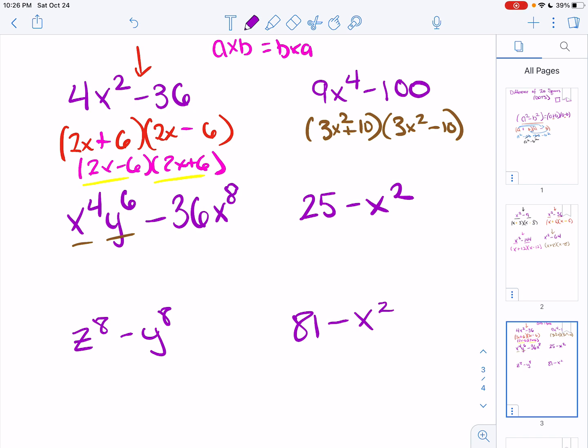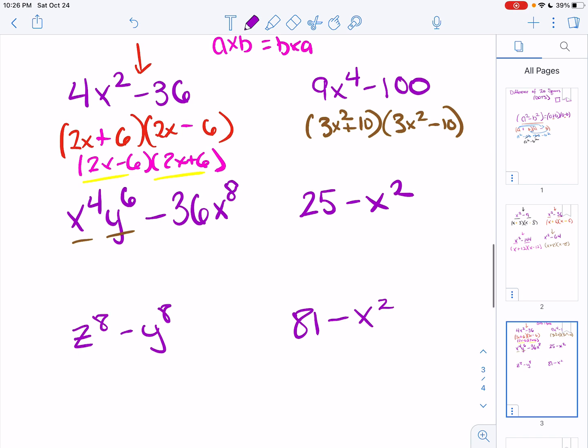Now we actually can do it, so we will make our two factors. We need the square root of x to the fourth, y to the sixth. The square root of x to the fourth is x squared. The square root of y to the sixth is y to the third. The square root of 36x to the eighth is 6x to the fourth.